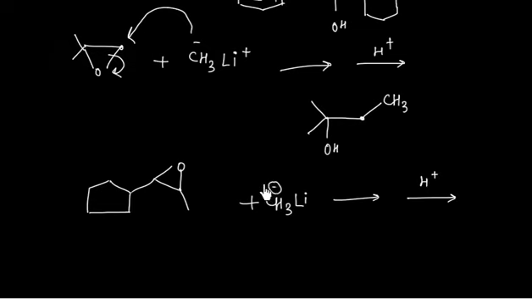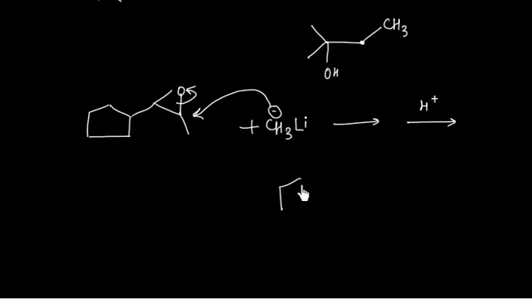So this time again this will attack this side, because on this side there is a bigger ring, so we have more hindrance. This will open, so we will have an OH group here. This carbon will contain 2 CH3, 1 CH3 initially and 1 CH3 we have added.